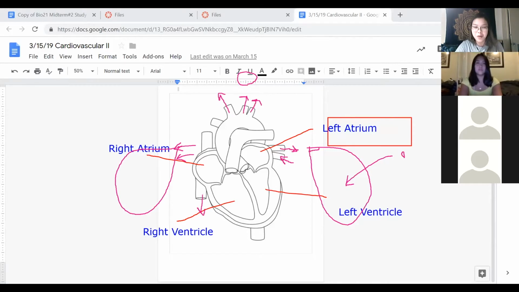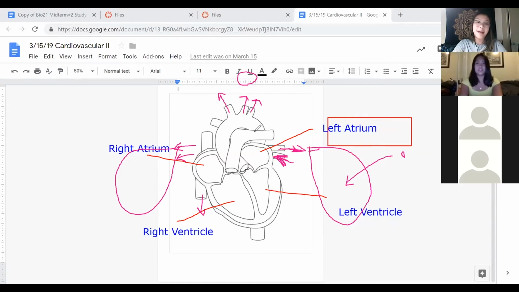Let me know if you guys have any questions, because that wasn't really the best explanation. So in brief, going to your lungs, the blood is deoxygenated, and then it reaches the lungs, which pick up the oxygen and then bring it back using your veins, right? Because veins carry blood back.